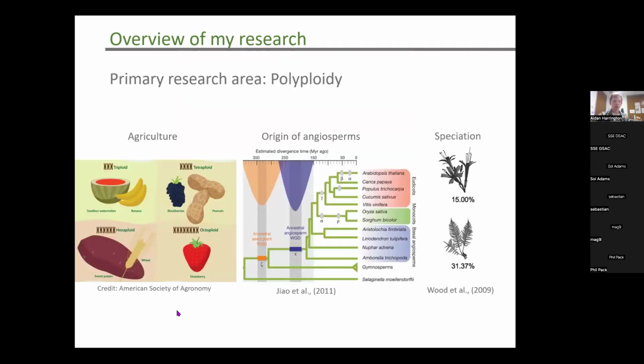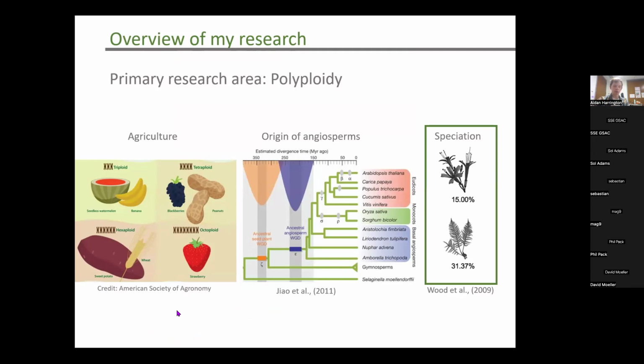So focusing in on one of these particular kinds of variation, polyploidy, I'm interested in polyploidy because of its role in speciation in particular. But polyploidy is also common in terms of how it influences traits in an agricultural setting, and its implications in the origin of angiosperms writ large.